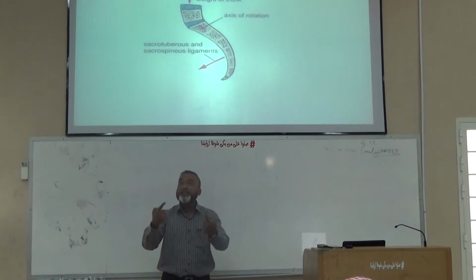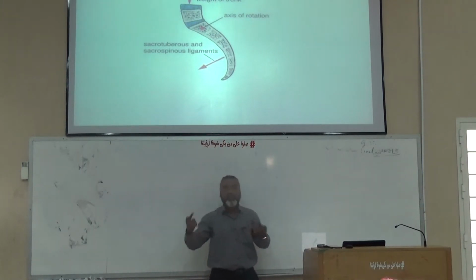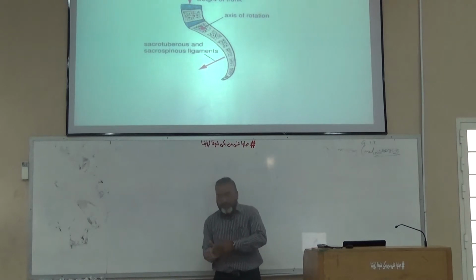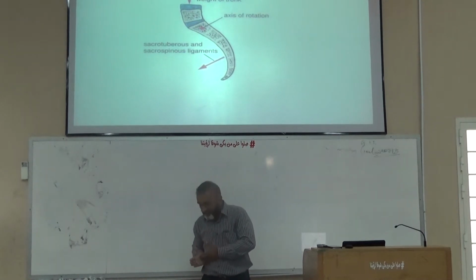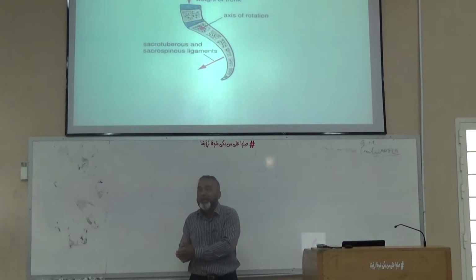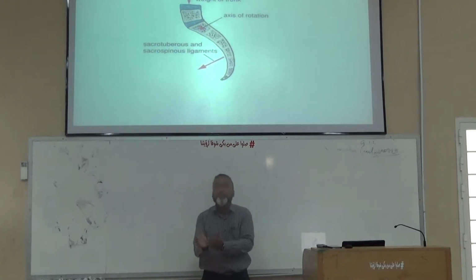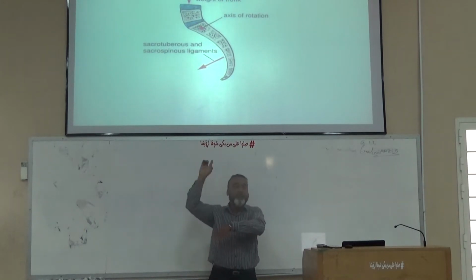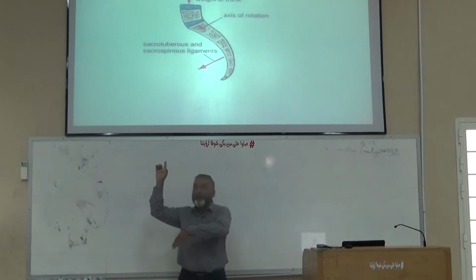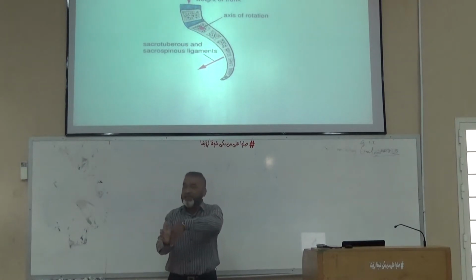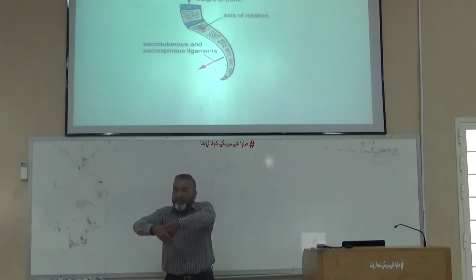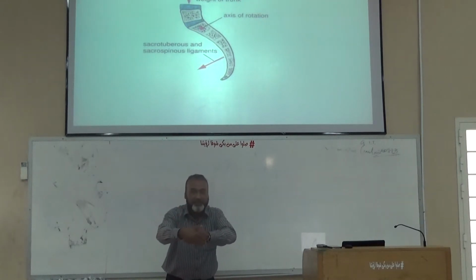This sacrotuberous ligament, as it is present between the sacrum and the ischial tuberosity, prevents the forward movement of the lower end of the sacrum and the coccyx. Otherwise they would move forward, and there is a chance of damage to the pelvic viscera.